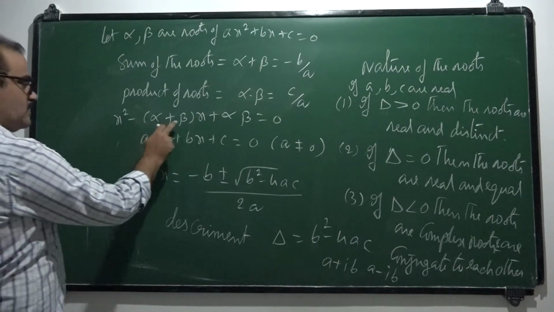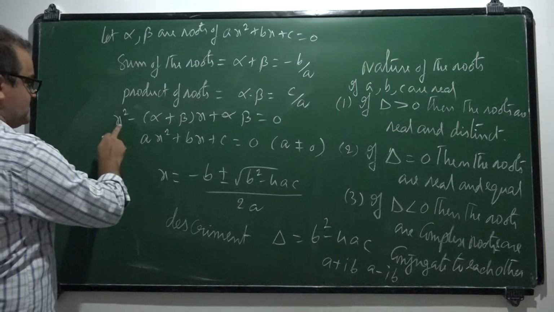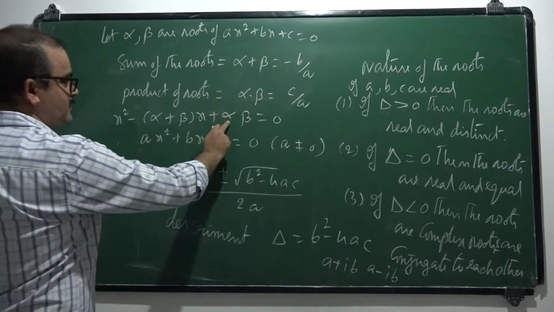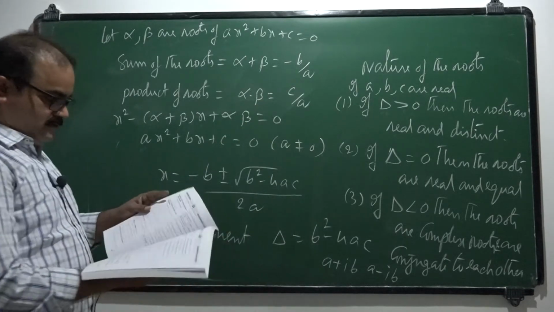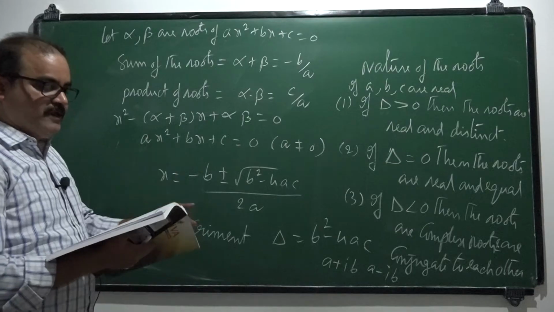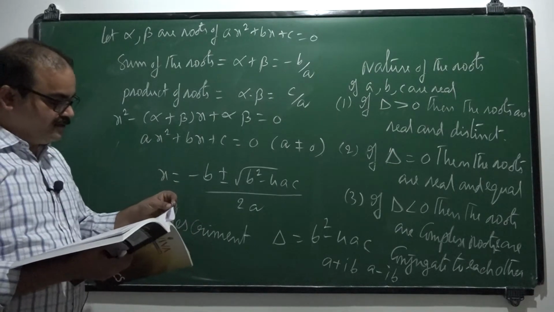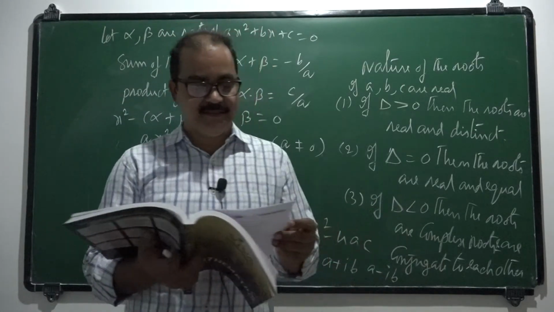If the roots are known, then the quadratic equation is x square minus sum of the roots into x plus product of the roots is equal to 0. This is the concept behind quadratic equations. Now we are going to start the problems in quadratic equations.